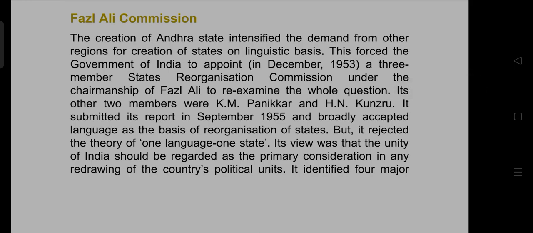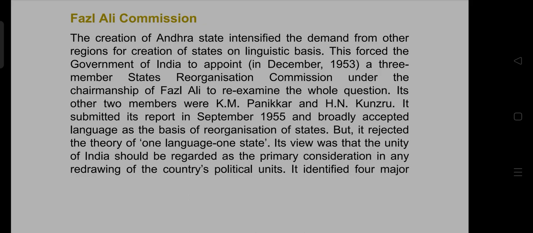Fazal Ali Commission. The creation of Andhra state intensified the demand from other regions for the creation of states on the linguistic basis. This forced the Government of India to appoint, in December 1953, a three-member States Reorganization Commission under the chairmanship of Fazal Ali to re-examine the whole question.